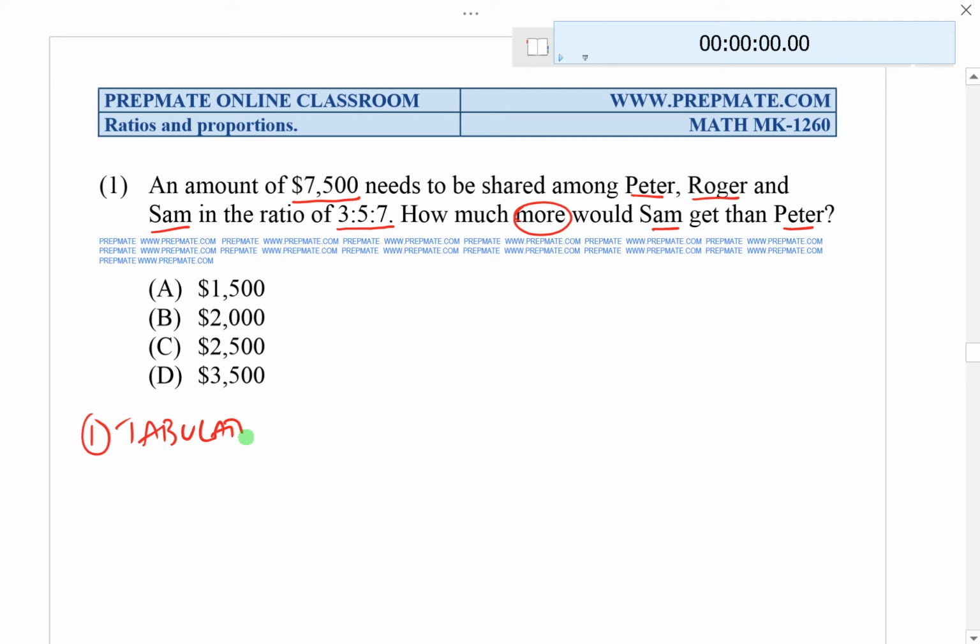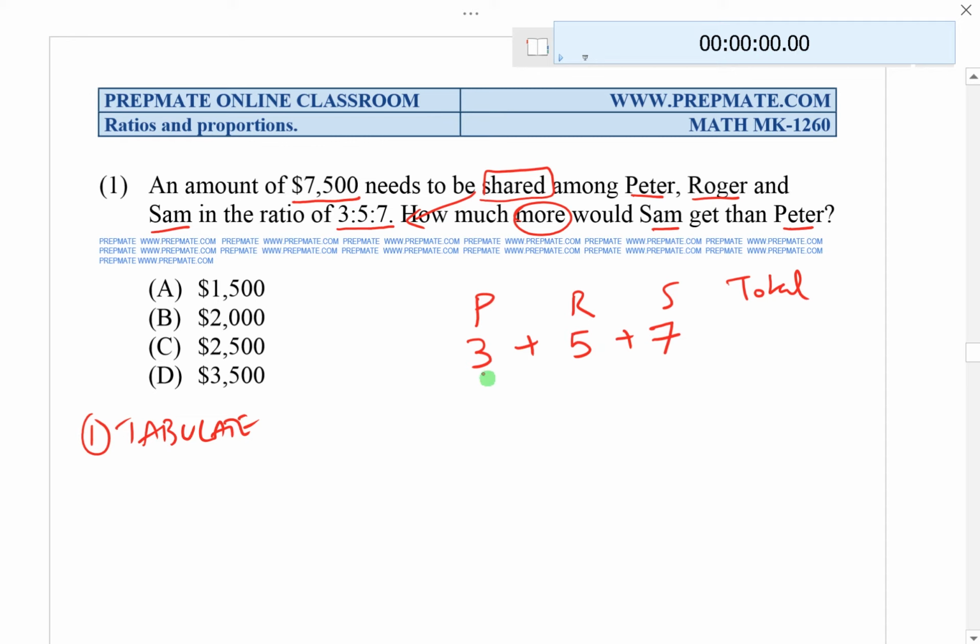Okay. So we have 3 people, Peter, Roger, and Sam, who share something in the ratio of 3 to 5 to 7. So whenever we have problems involving sharing with ratios, we should first come up with a total of the ratio like this.